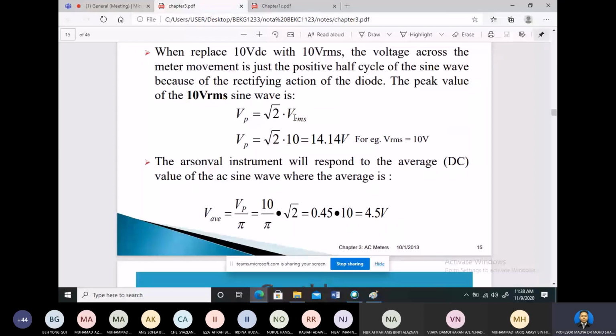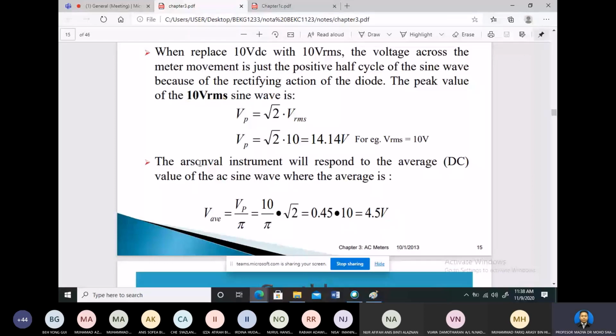So with VRMS of 10 volt, V peak equals 14.14. Actually, VRMS equals V peak divided by the square root of 2, so that's how we can calculate the V peak.